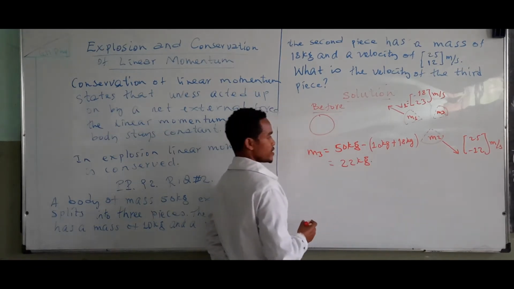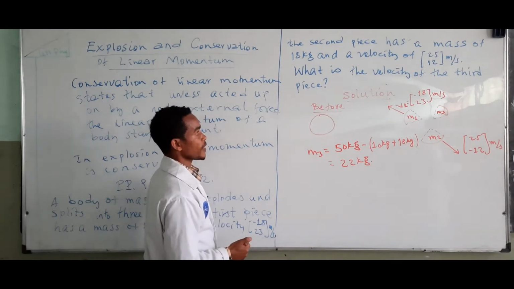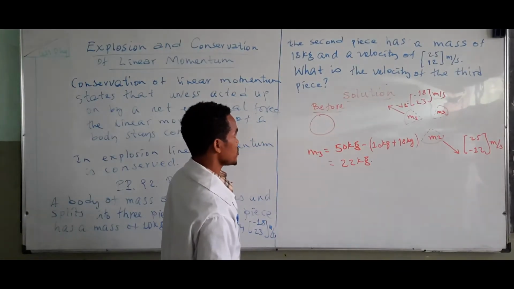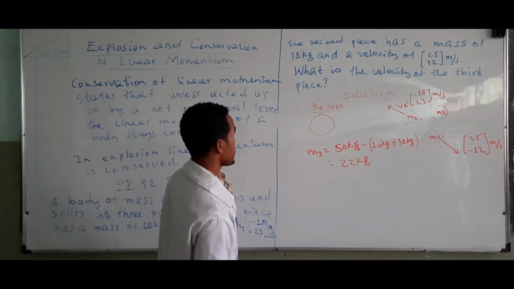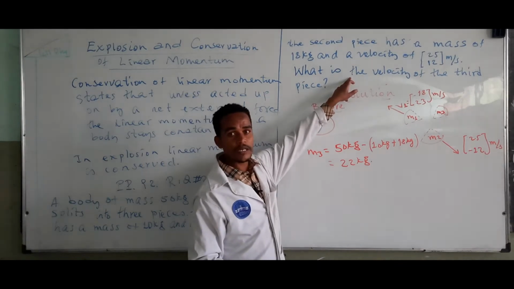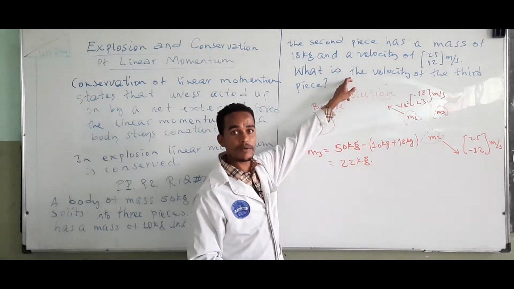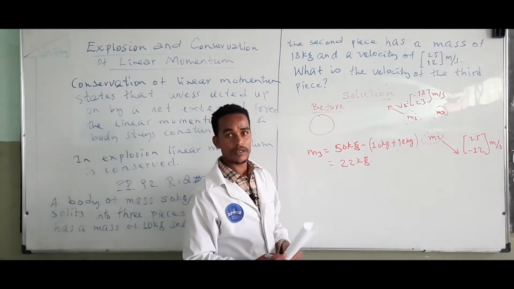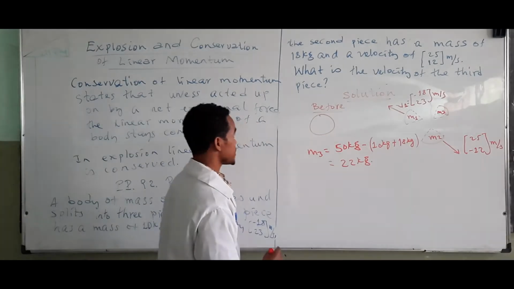Therefore, mass 3 is 22 kilograms. We will substitute this to find velocity V3. So we will use the concept of conservation of linear momentum in explosion to find the value of V3, the velocity of the third piece.